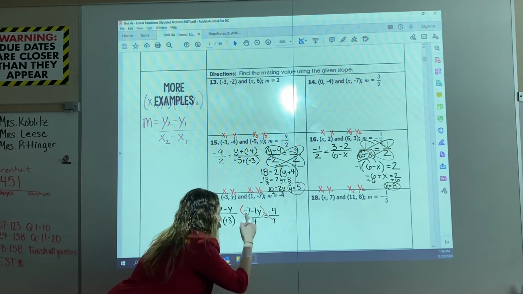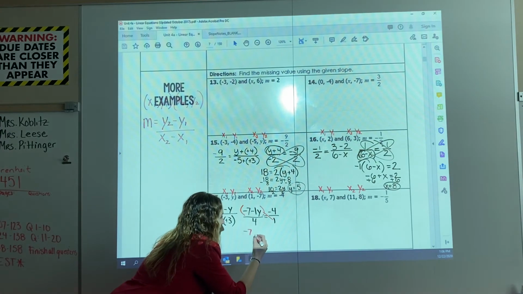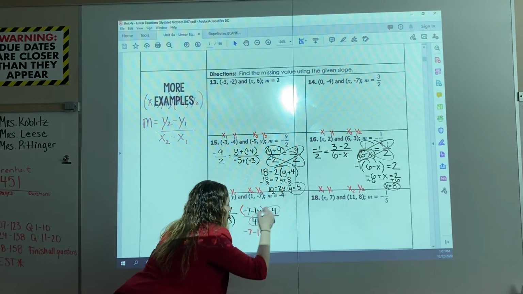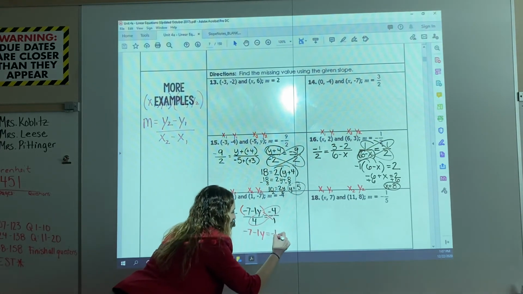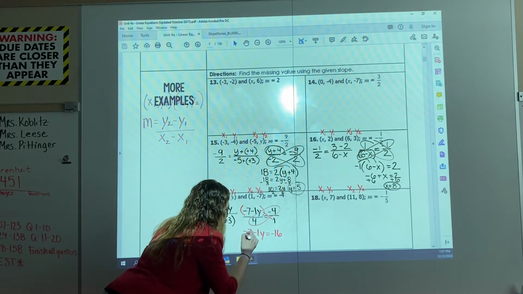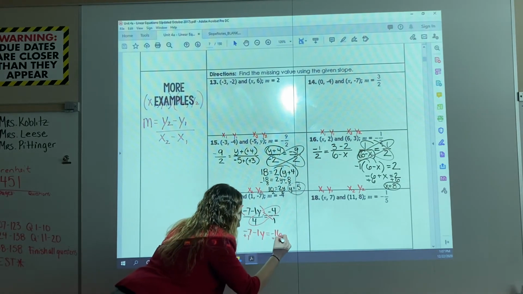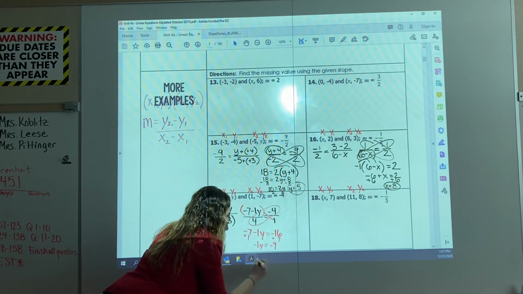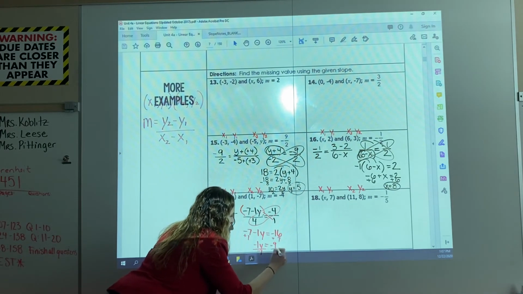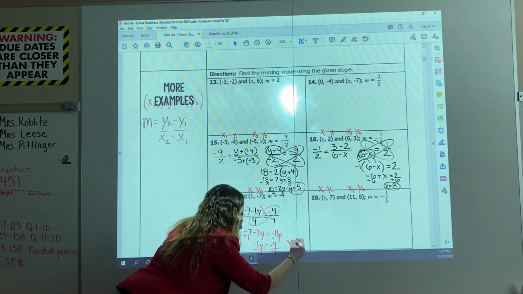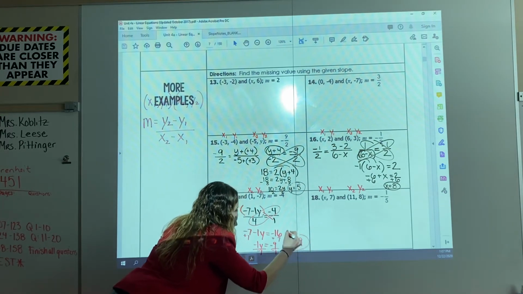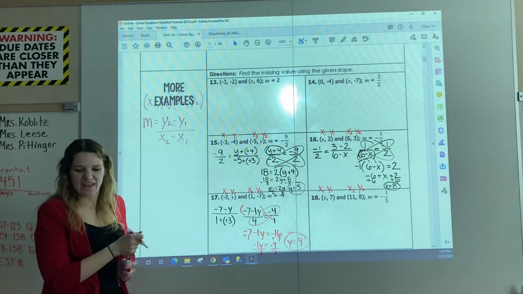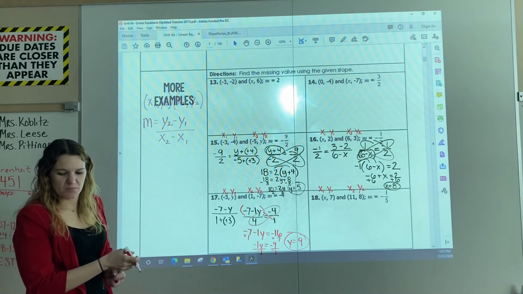So we have 1 times this entire thing, which gives me negative 7 minus 1y, equals, and then 4 times negative 4 would give me negative 16. If I add 7, that would give me negative 9. And lastly, if I divide by negative 1, y equals 9. Not too bad, we're getting there. Just a couple left.